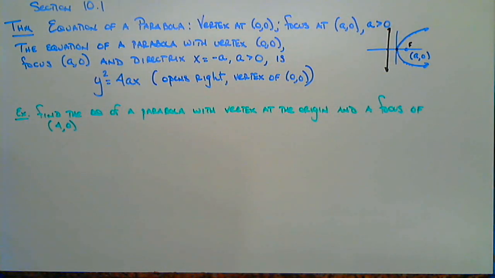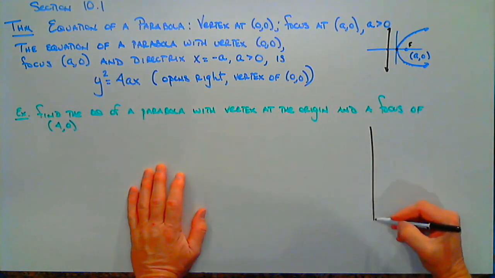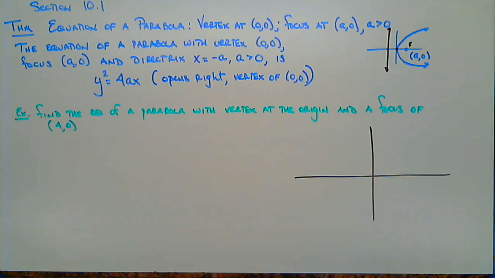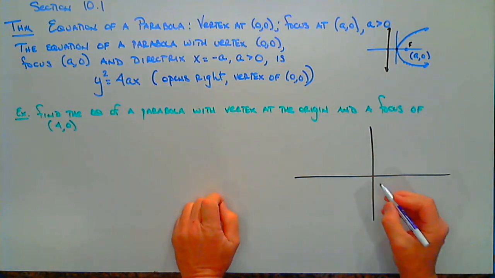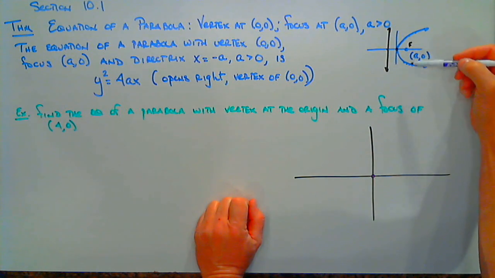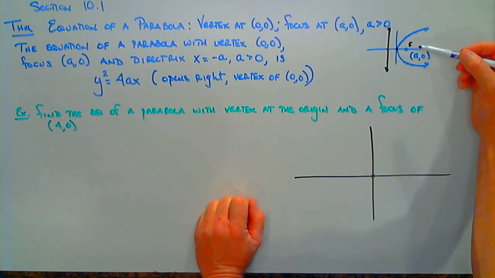So what you and I can do to begin this is draw a sketch, because a sketch helps. We'll come over here, and here's our x- and y-axis. What do we know about our parabola? Well, we know our parabola has a vertex at the origin. Now remember, the focus is always inside the parabola. We're going to learn something about the focus in just a second.